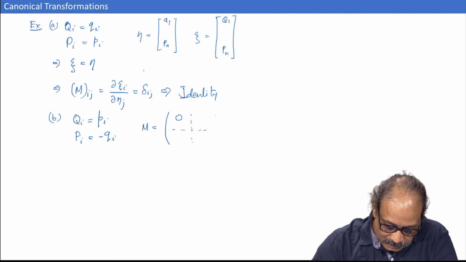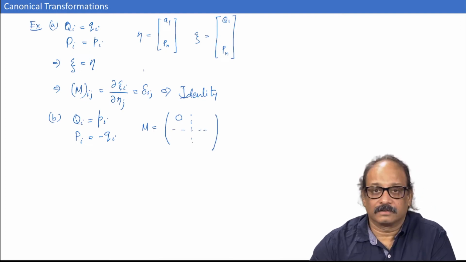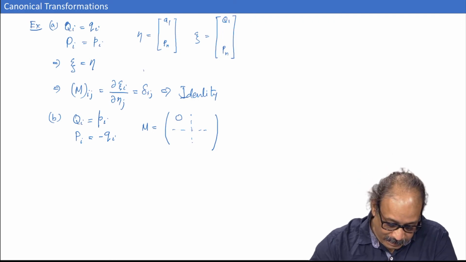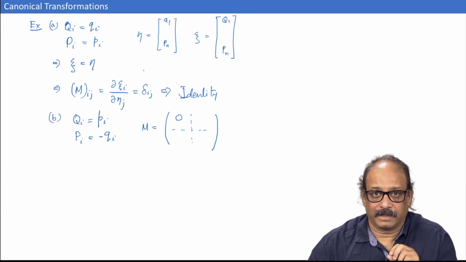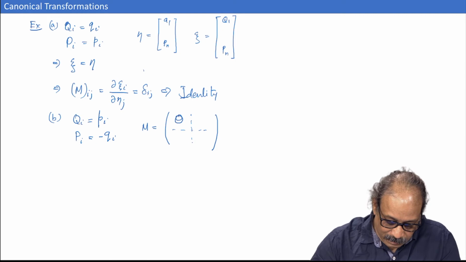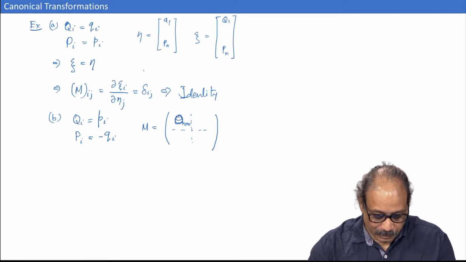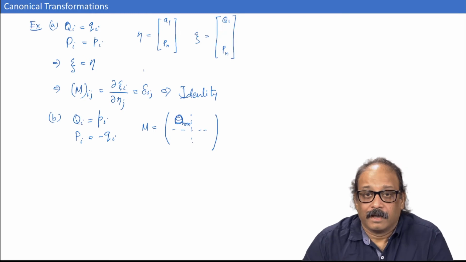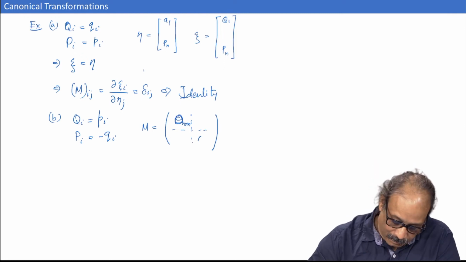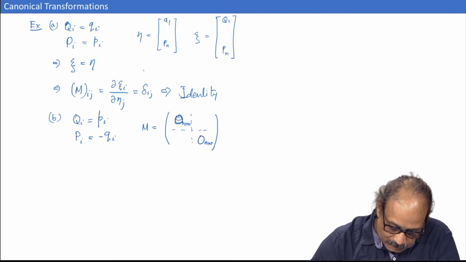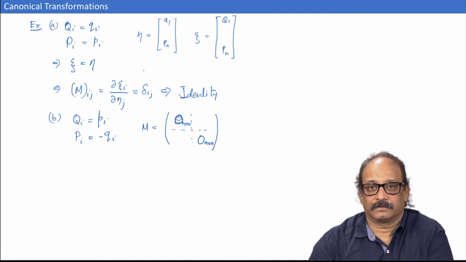If I write it as 4 blocks of n by n, then Qi, its derivative with respect to small qi, the partial derivative, that is 0. So, you would get the whole of this 0, n by n, here. What about Pi's? Pi's partial derivative with respect to small pi, that is also 0, which means all these entries here are also 0.